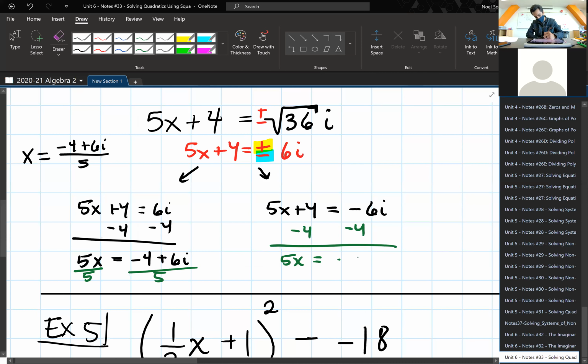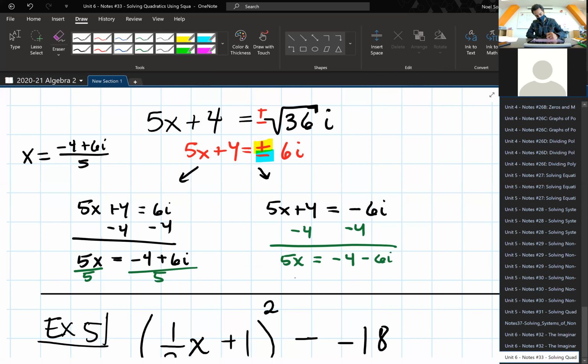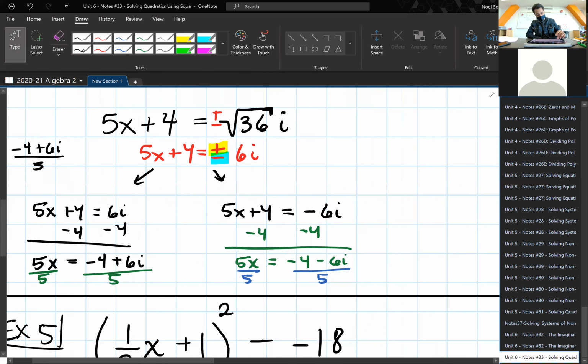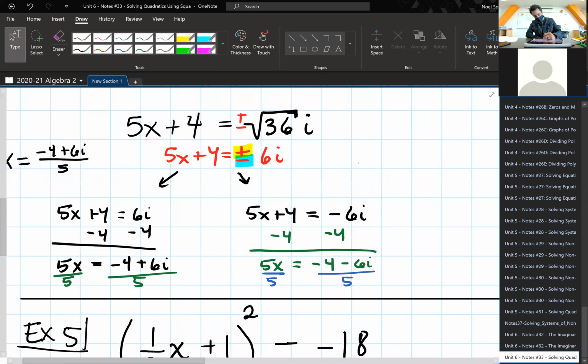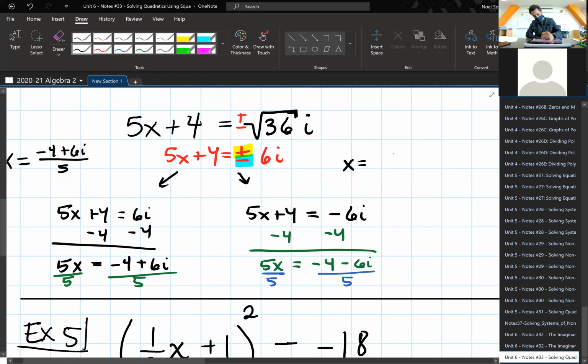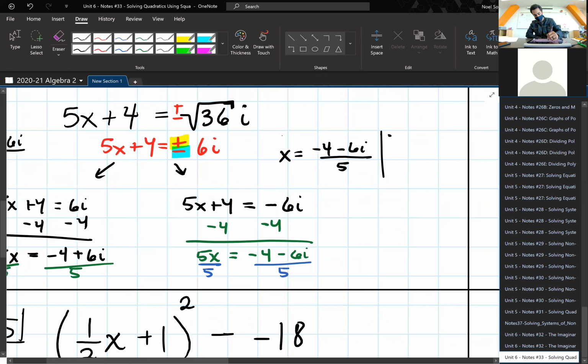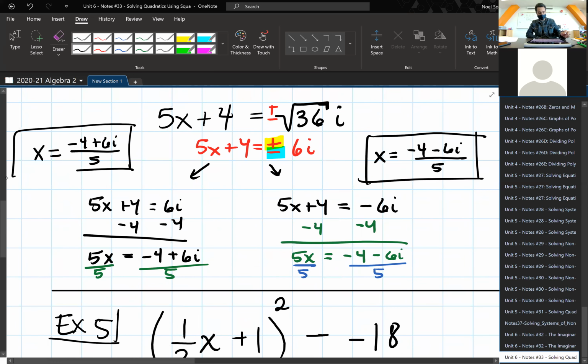So we just write it out as negative 4 minus 6i, and then we divide both sides by 5. So my second solution would be x equals negative 4 minus 6i divided by 5. Okay, so you can just box them up separately. And those are my two solutions to this quadratic.